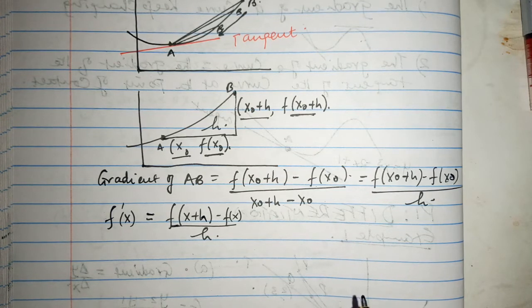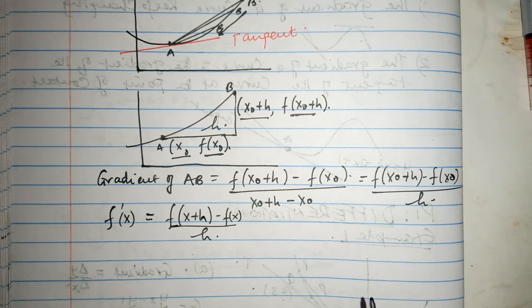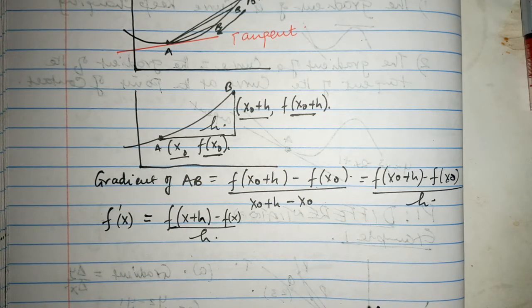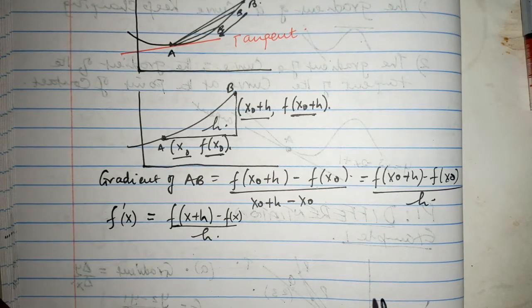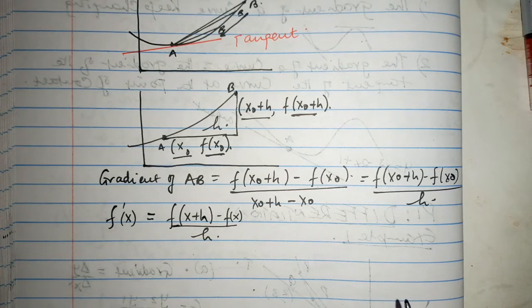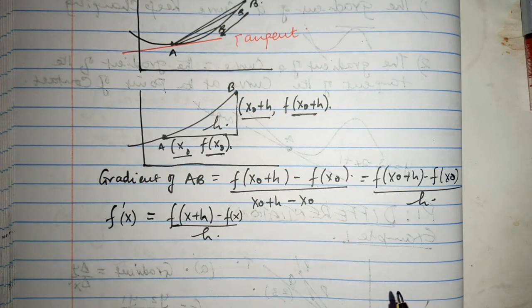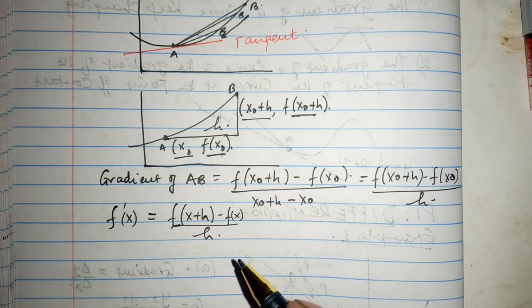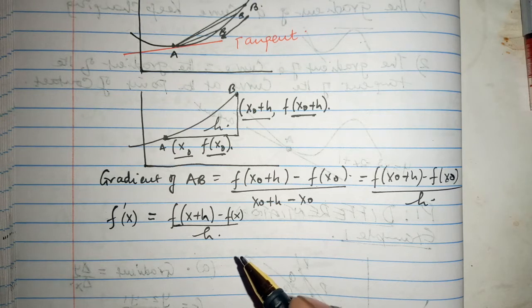We are told in the pink pages that as h approaches 0, the limit as h tends to 0, you can't evaluate the expression when h is equal to 0. But as h gets smaller, the expression gets closer to a fixed or limiting value. Let us see how this can be used to give us the gradient of a curve. And we are told that using this rule to find the derivative is called differentiating from first principles.